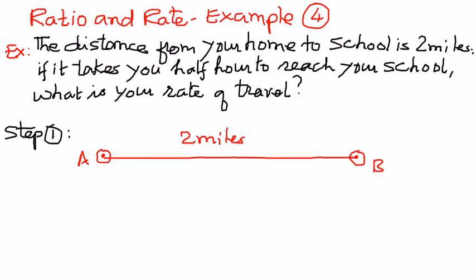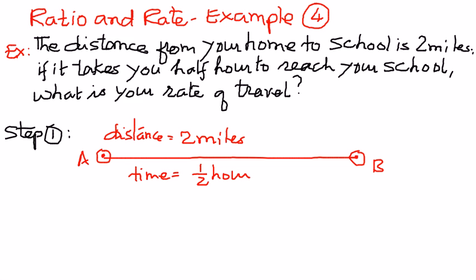And the time it takes you to travel these 2 miles is half hour. Let's say this is what we have, and this is the time, and this is the distance. Okay, so we want to write it out as a rate.